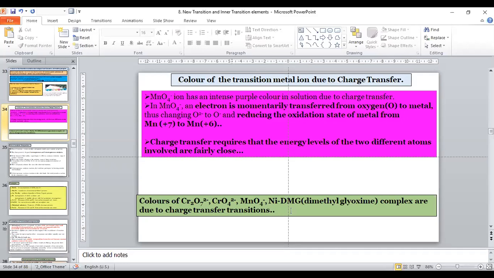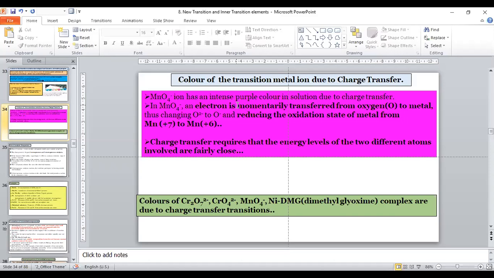There are also some examples colored due to charge transfer: Cr2O7 2-, CrO4 2-, then the Ni-DMG complex. This knowledge is required for CET, NEET and JEE, remember. Many times this question is asked in the examination.